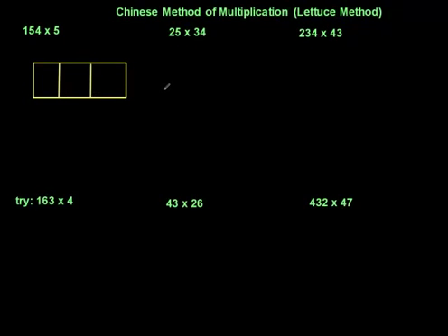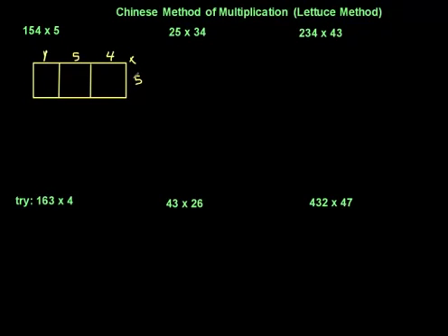Now I can write down my numbers here, going like they are. I've got 1 there, 5 here, and 4 here, and I'm multiplying that by 5, so I put 5 here.